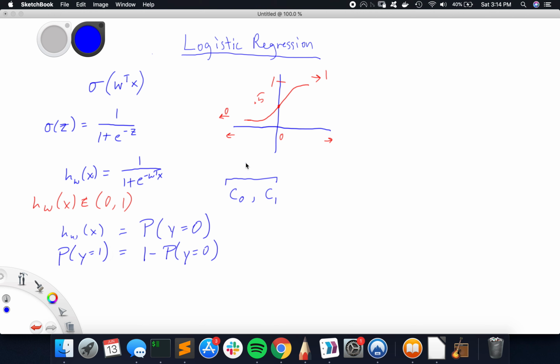After that, they'll probably start digging into the training process. So what loss function do you use to train logistic regression? The answer is that you use what's called the cross entropy loss function.